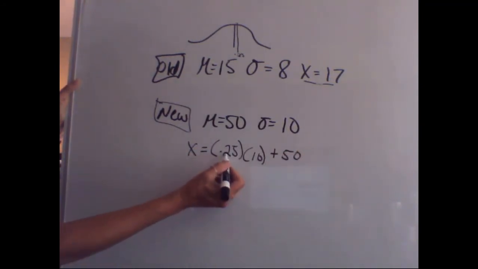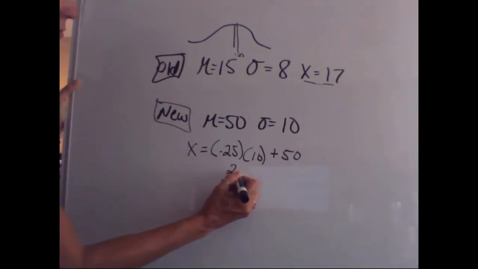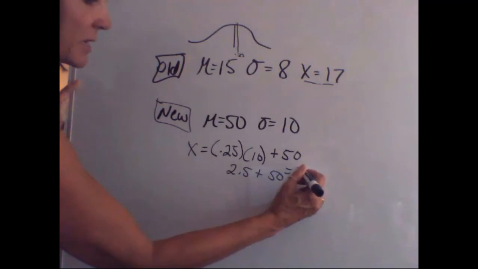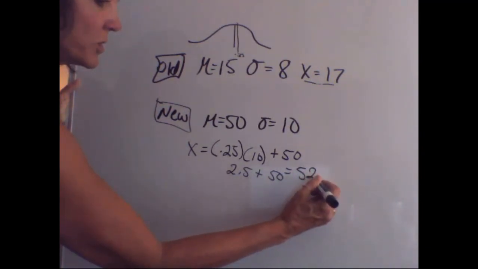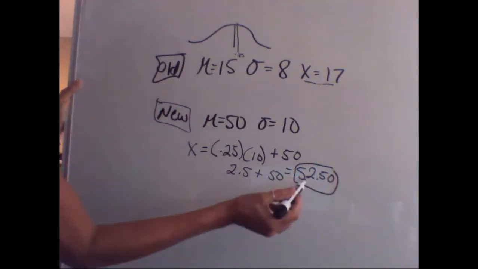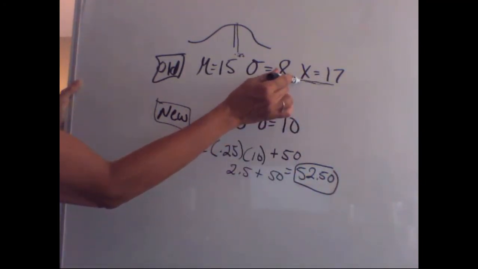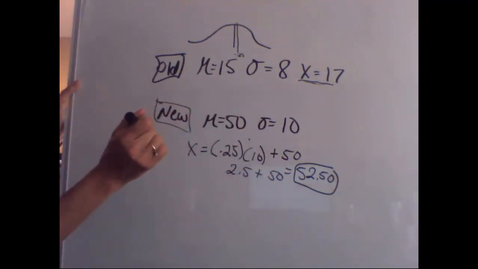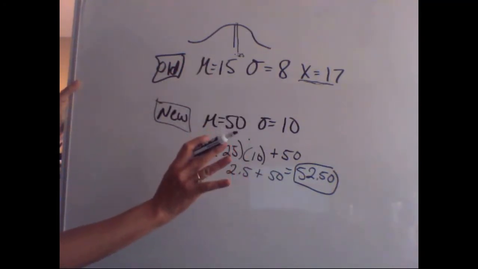And then we have 0.25 times 10 is 2.5 plus 50. And that gives us a new score of 52.50. So this is the same as the score of 17 would be in this distribution, with this mean and this standard deviation.